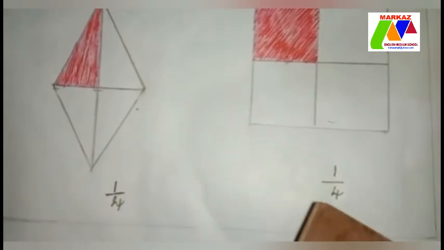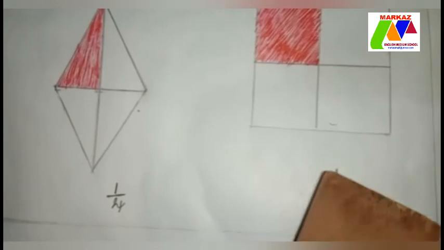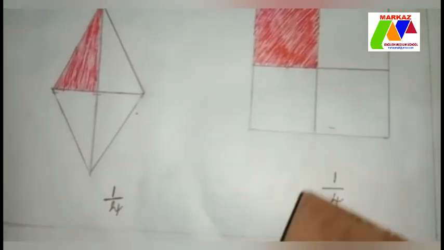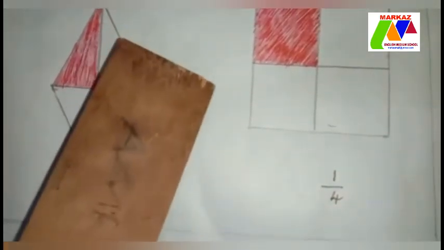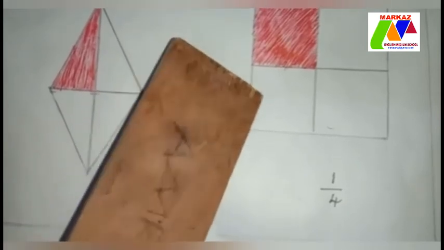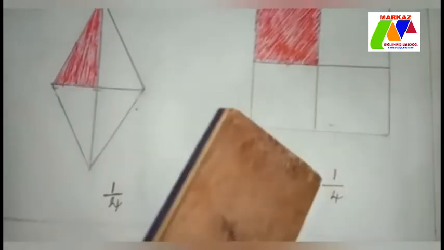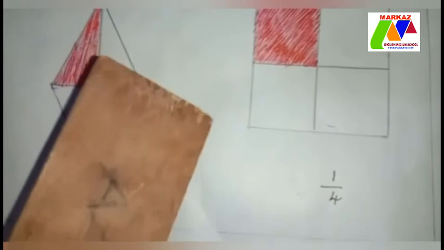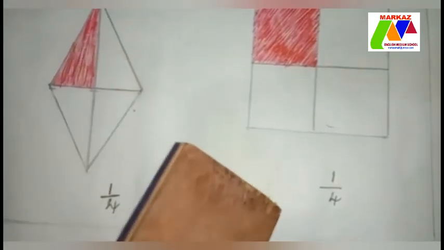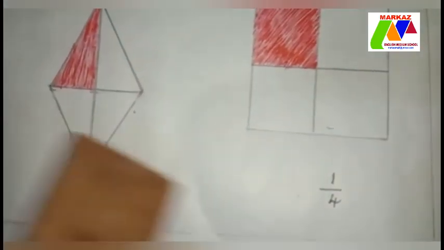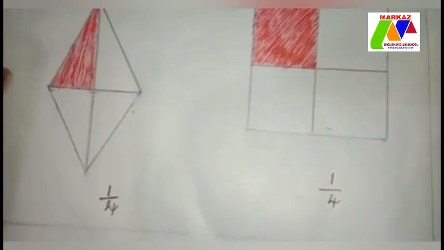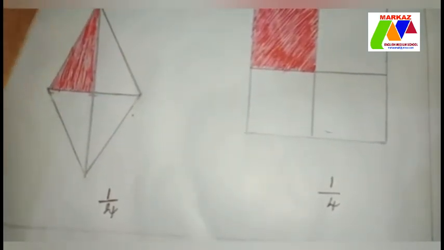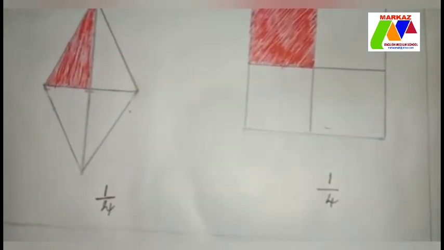Same for this square. This is divided into 4 equal parts. And this colored portion is 1 out of 4 equal parts. That is 1 by 4 or a quarter. So, all these colored portions are 1/4 or 1 by 4.